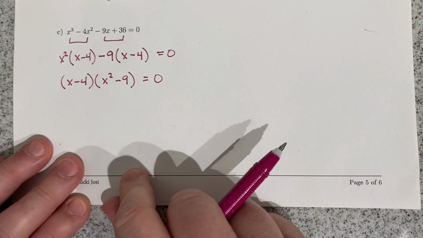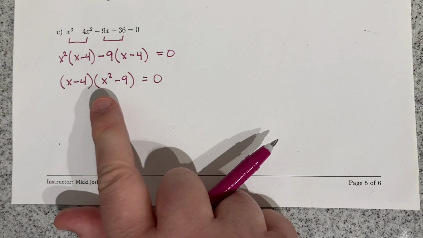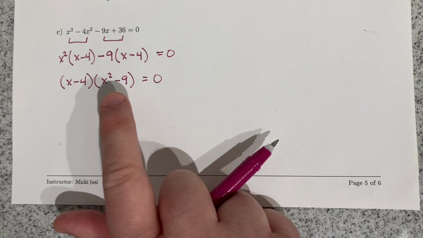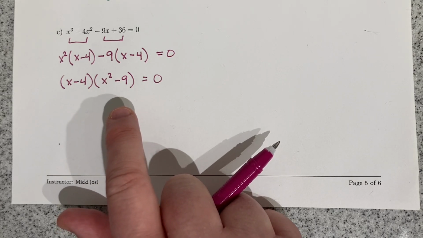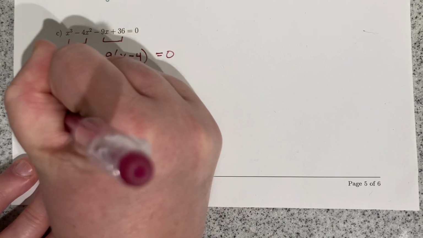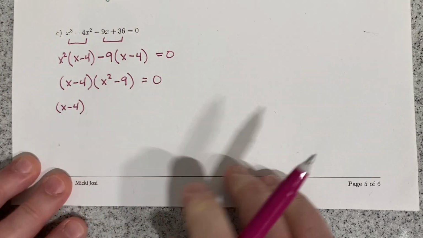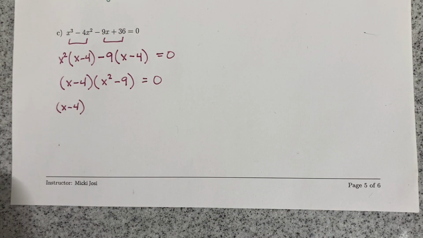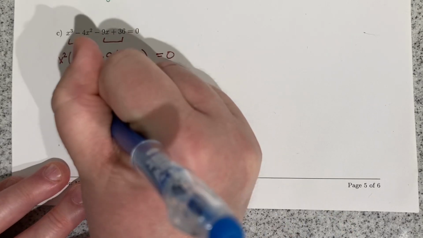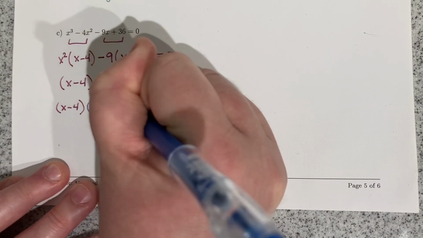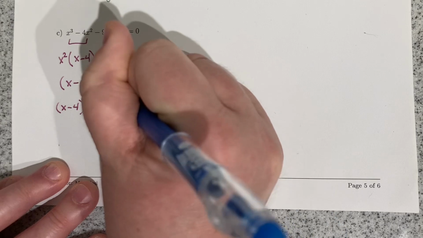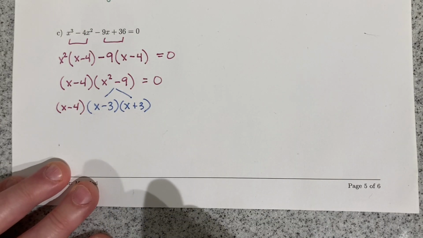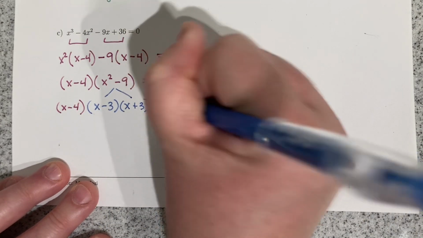We're actually not done yet. X squared minus 9 is a difference of 2 squares. That factors further. So the x minus 4 is just hanging out, but we need to factor the x squared minus 9 into x minus 3 times x plus 3. And now it's fully factored.